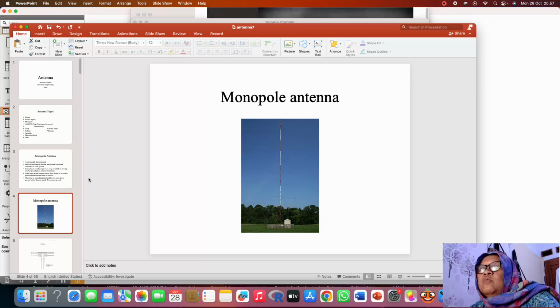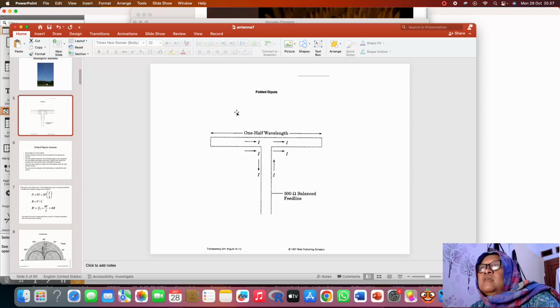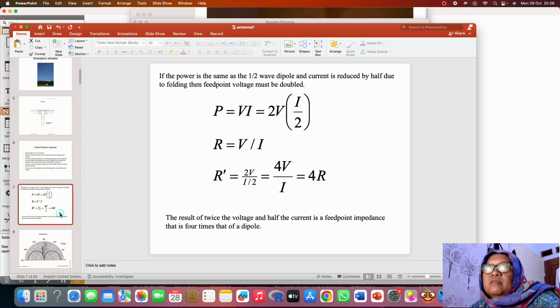Now you can see this is a folded dipole, with a 300 ohm balanced feed line, and this is the current.